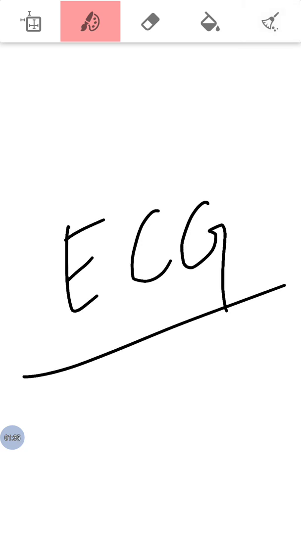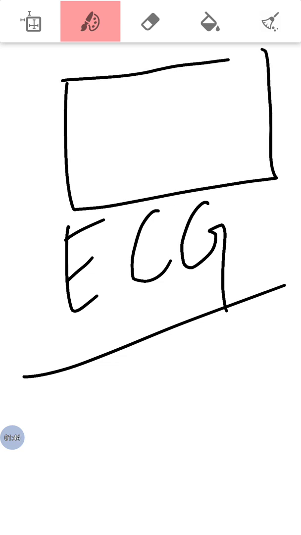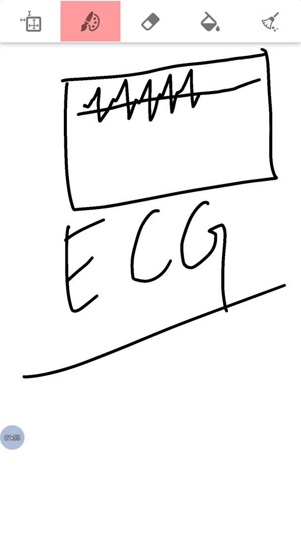Have you seen an ECG? If a person goes to a medical clinic and the doctor asks to get an ECG done, then you can see that on the graph that comes out, there are certain waves like this. Or even if you see on TV sometimes, or you can just search it on Google, what kind of waves each ECG produces.